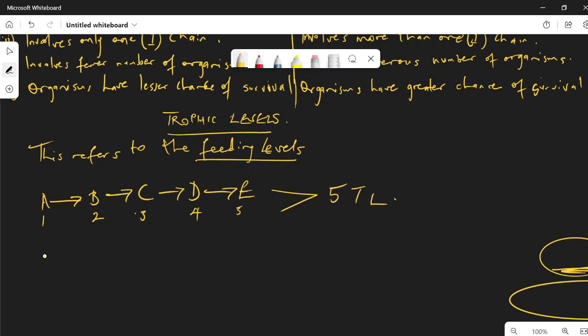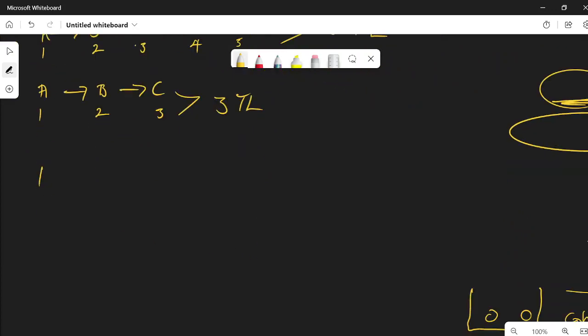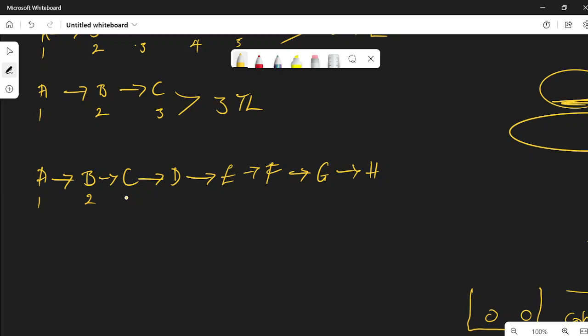If it is A, B, C, we have 1, 2, 3. So this one here is giving us 3 trophic levels. If we have A, B, C, D, E, F, G, H, here we'll be having 1, 2, 3, 4, 5, 6, 7, 8.